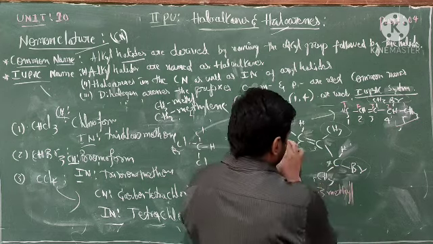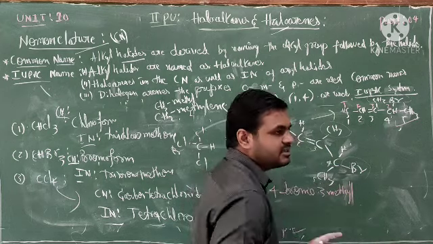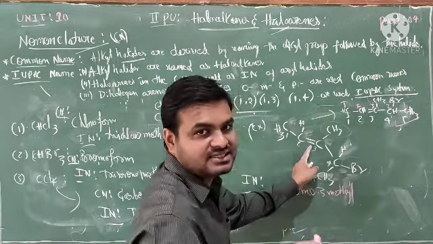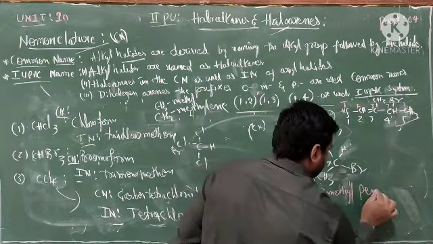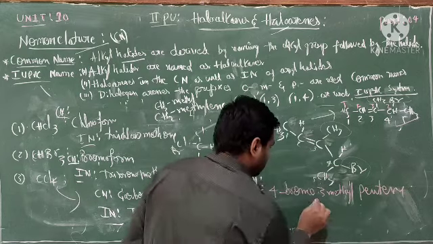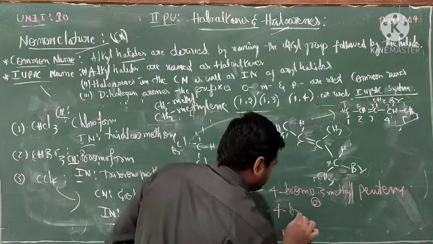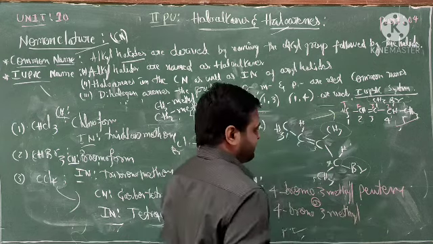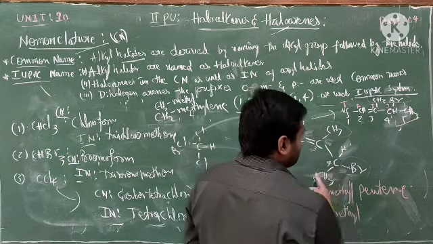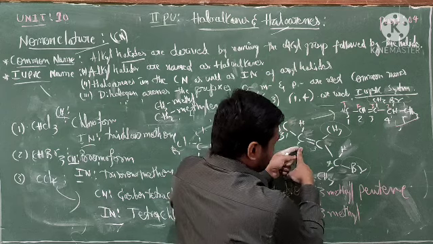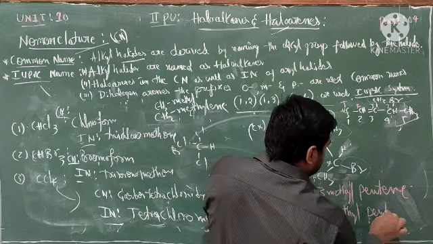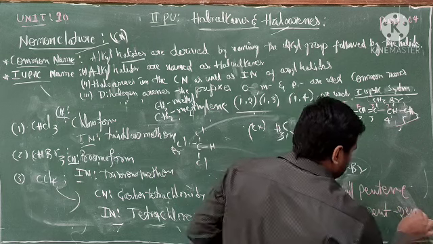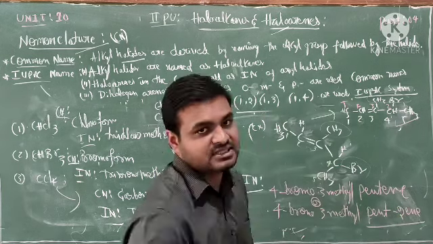Then 1, 2, 3, 4, 5. 5 means pentane, but the double bond is present, so this is pentene. Also, you write 4-bromo-3-methyl, pent-2-ene. This type also.